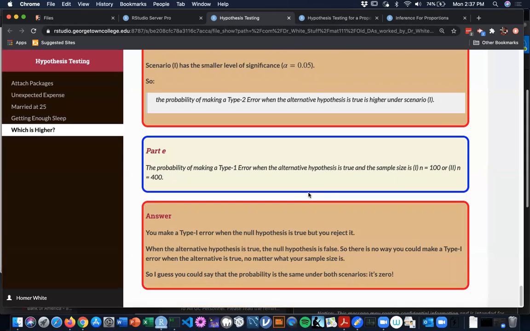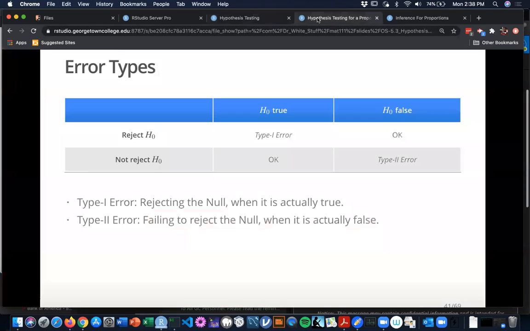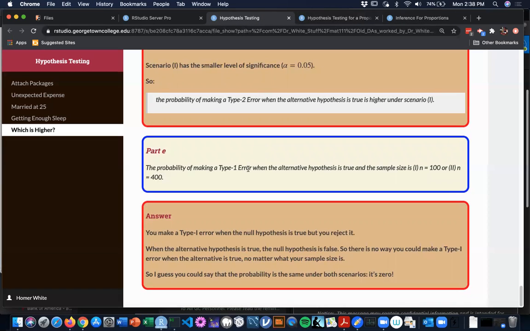Now, part E. Okay, the quantity you're interested in is the probability of making a type 1 error when the alternative hypothesis is true. The 2 scenarios are sample size 100 and sample size 400. Well, this one's a little bit easier. How do you make a type 1 error? Well, the null has to be true, and you reject the null. Here, the alternative is true in both of these scenarios.